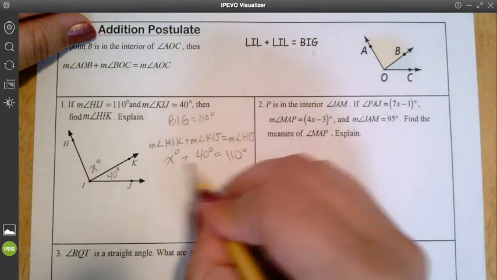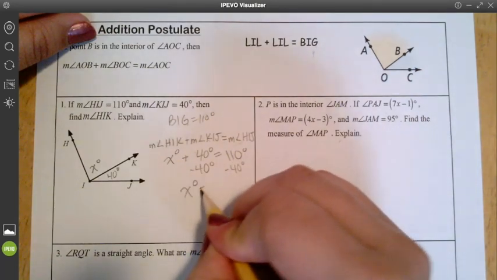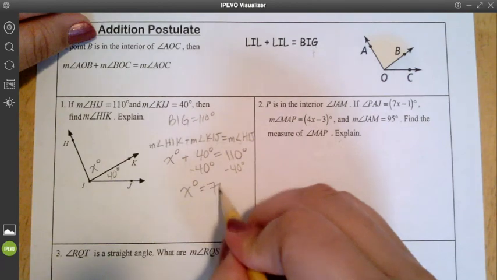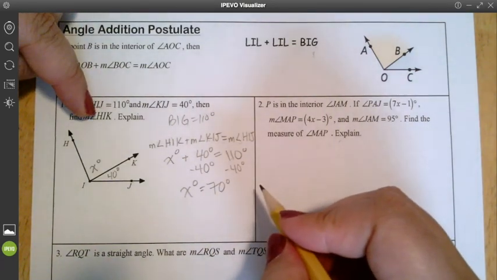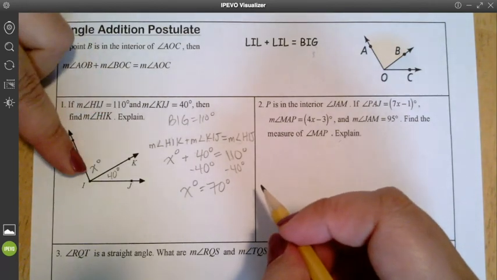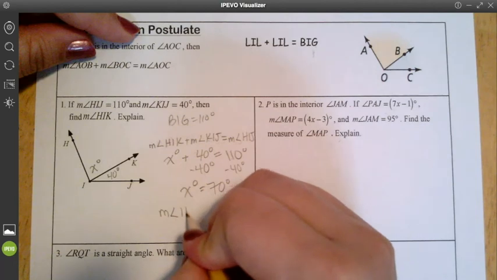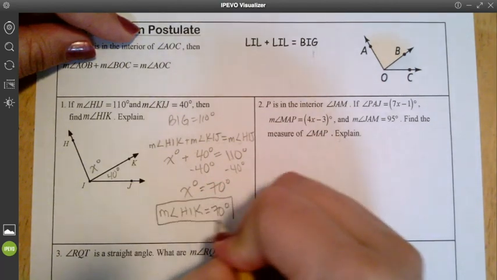So to solve for X, I need to subtract. So X degrees, 110 minus 40 is 70 degrees. But I don't want X, I want the measurement of HIK. Well, X is the measurement of HIK, so the measurement of angle HIK equals 70 degrees.